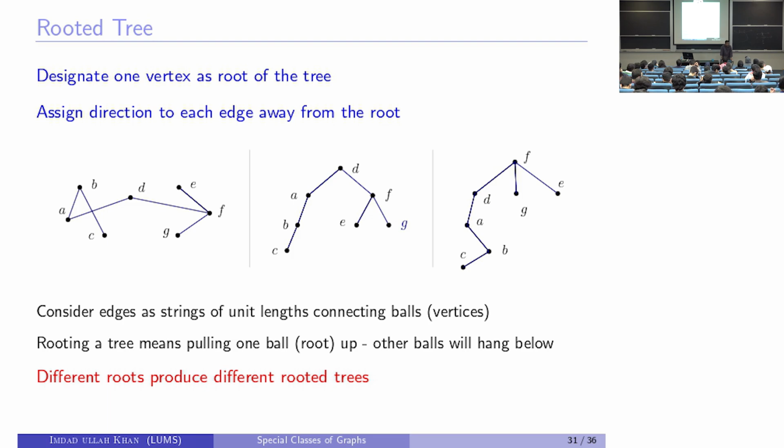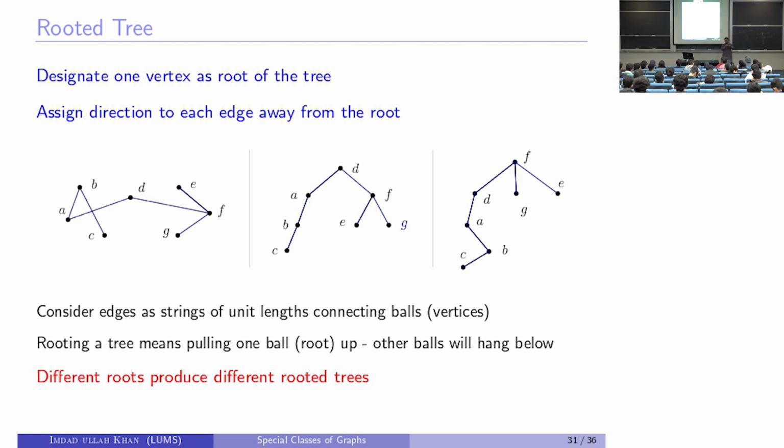Rooted tree, right? When you think of a tree, a tree has roots and branches and leaves. So we used leaf, we used forest, and we used tree. The words left were branches and root, right? So now we can see this. A rooted tree is, you think of any tree, think of its drawing, right? Pick any vertex and raise it infinitely high.